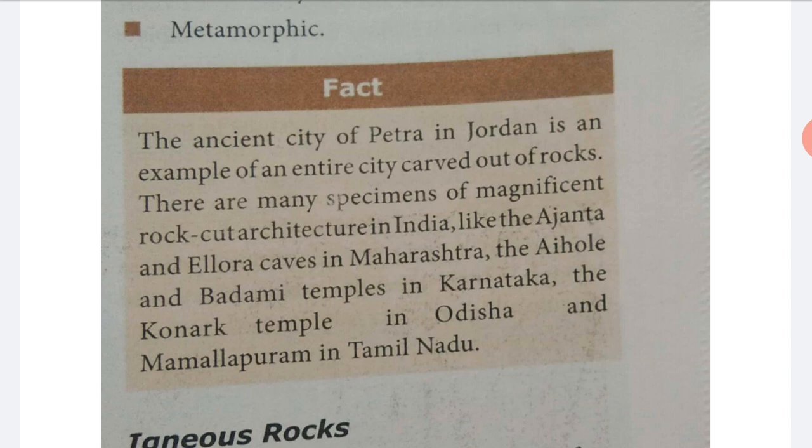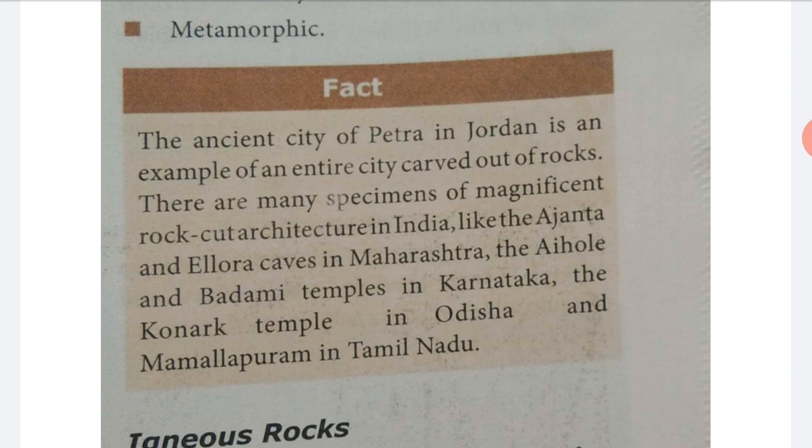Carved means to cut stone. There are many specimens of magnificent rock-cut architecture in India, like the Ajanta and Ellora caves in Maharashtra, the Halebidu and Badami temples in Karnataka, the Konark temple in Odisha, and Mamallapuram in Tamil Nadu.